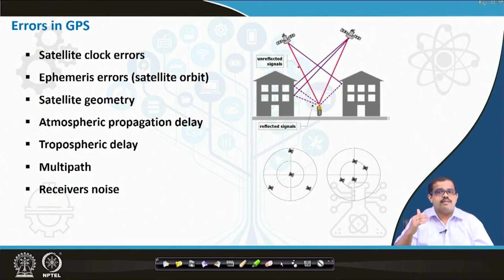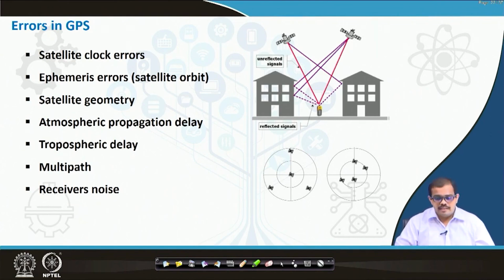That is exactly why we have an atmospheric propagation delay. Then we have a tropospheric delay, which is another cause. When you are looking at the troposphere, a certain amount of delay is integrated. Normally it is shown that this delay can be handled and can be corrected in a better way when we are receiving these signals.